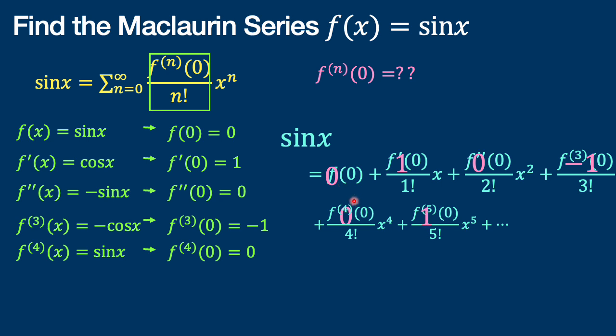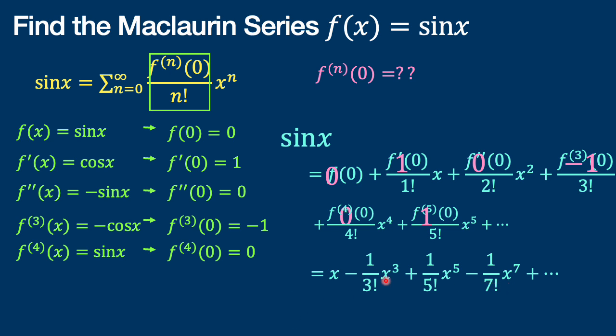What do you have here? Guys, look at this one. Degree 1, degree 3, degree 5 survive. Even powers are 0. So you have x minus 1 over 3 factorial x cubed plus 1 over 5 factorial x to the 5th power minus 1 over 7 factorial x to the 7th.